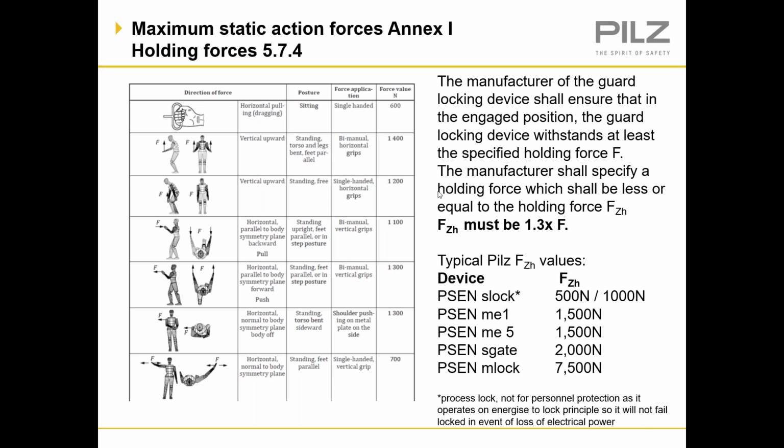So what we can see here on the chart is if you were sitting down and pulling the actuator horizontally, the force value is 600, and so you should have 1.3 times that amount as the manufacturer on your interlock. These are our typical values for our interlocking devices, but just to note that what was said earlier, the S-lock is really for process, not for personnel, as it's energized to lock, and so it would fail in the loss of electric power.